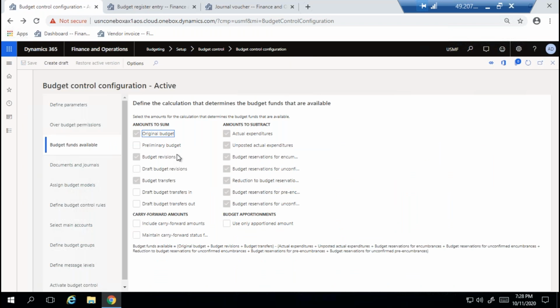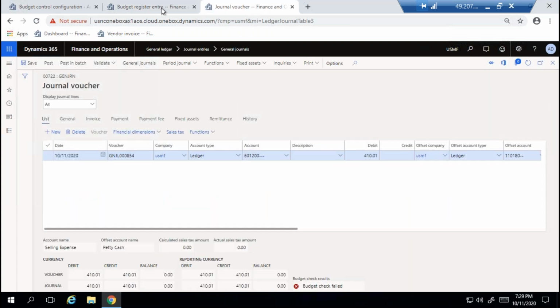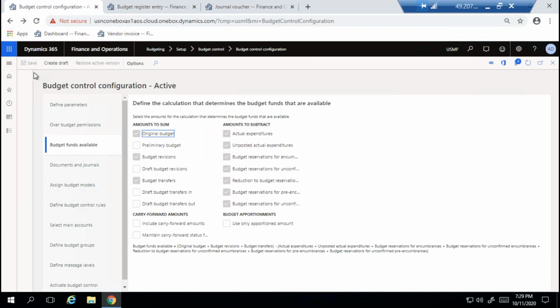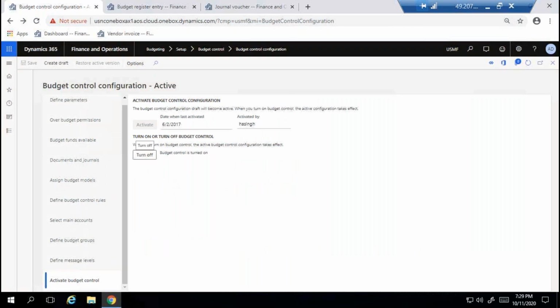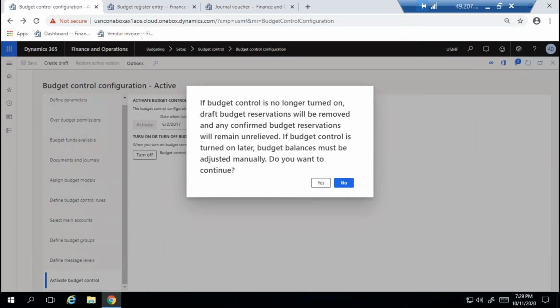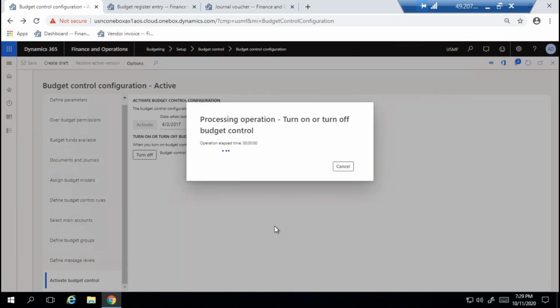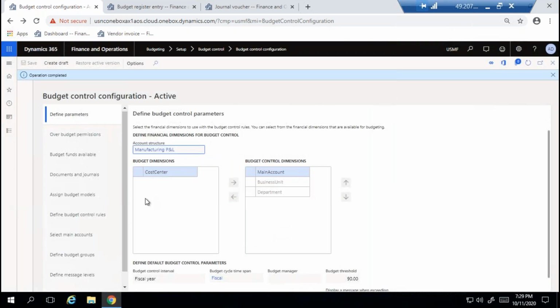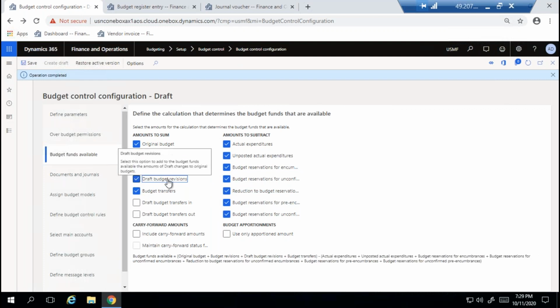That is your wish. Let me try this scenario, I have not verified. Now 500 plus 300 is 800. Let me enable this budget control revision. It is turned off; to modify, I need to click now. Okay, now budget funds available. Revision budget also I am enabling, and draft revision also I am enabling.